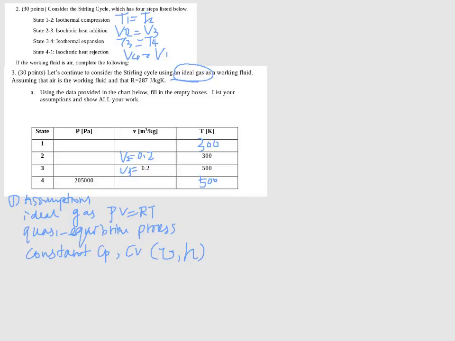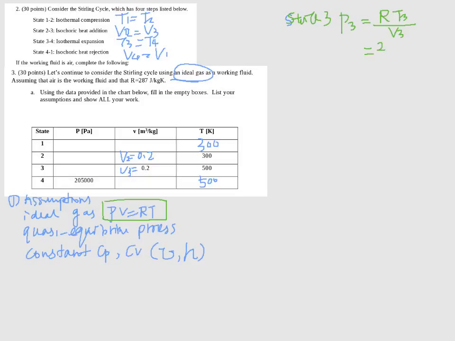You can pick any one you want. I'm going to use state 3 here. We're calculating P3. If we rearrange our ideal gas equation, P3 is just RT3 divided by the volume V3. And we know everything here.